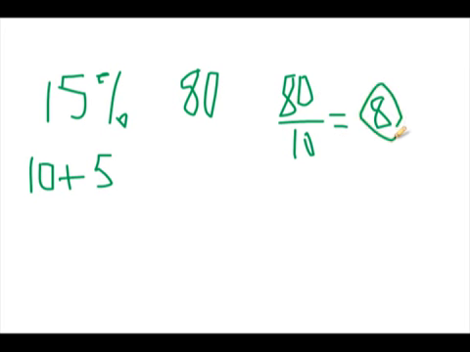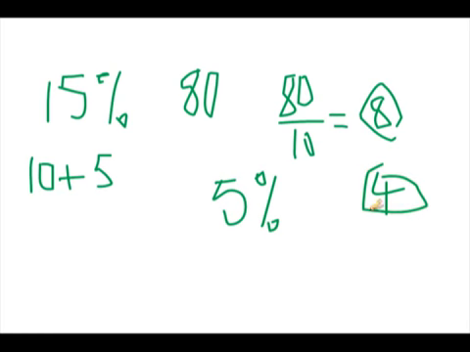Remember, I need 15%, so that's the 10%. I need the 5% also. I know the 5% is going to be half of this one, so half of 8 gives me 4. So I have the 10% and the 5%, and combining them, 10% plus 5%, gives me the 15%.